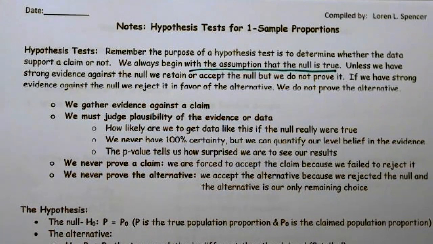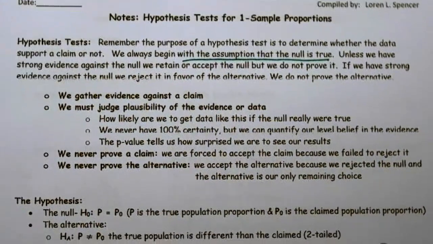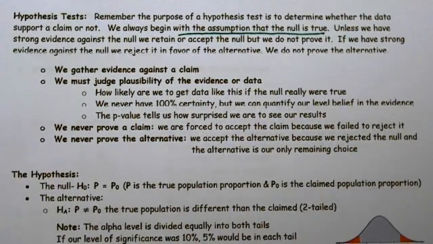We don't prove the alternative. We do not prove the null. We're just forced to reject or fail to reject one. If we reject the null, then we're going to believe the alternative even though we didn't prove it. Basically, we just believed that the null was false, and as a result, we choose to believe the alternative.